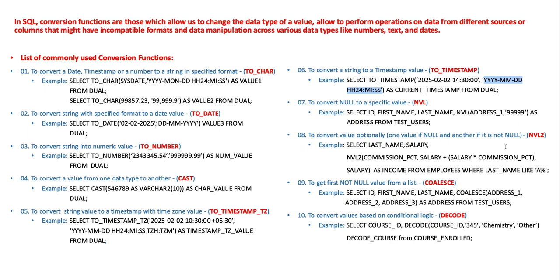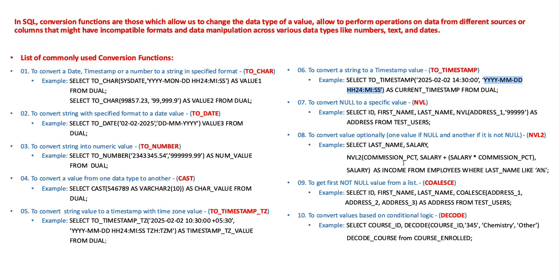Number 8, NVL2 function. To convert a value optionally, that means one value if null, another value if it is not null, we use the NVL2 function. In this example, I have taken the employees table, which has salary as well as commission percentage column.